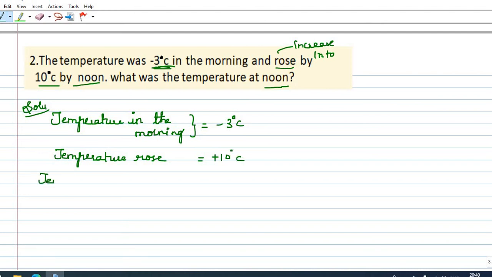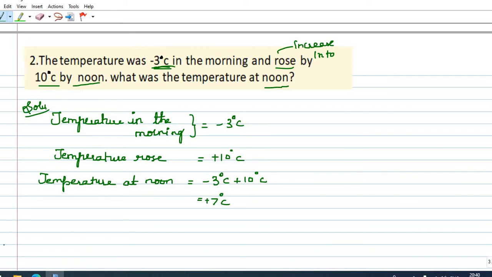Now I am going to find out the temperature at noon. So minus 3 degrees Celsius plus 10 degrees Celsius. Alternate signs. So I am going to subtract and put the answer. See, the plus is having more here. So I put the plus symbol.